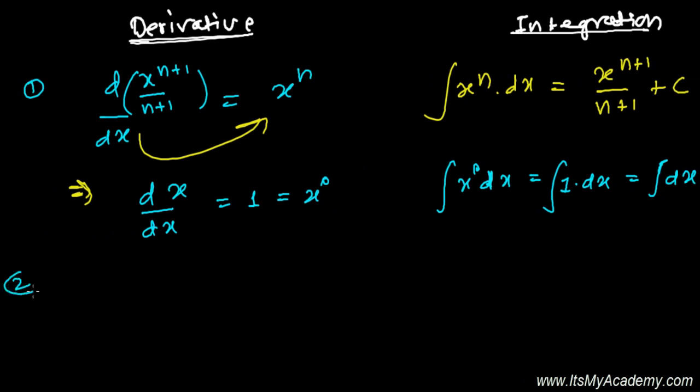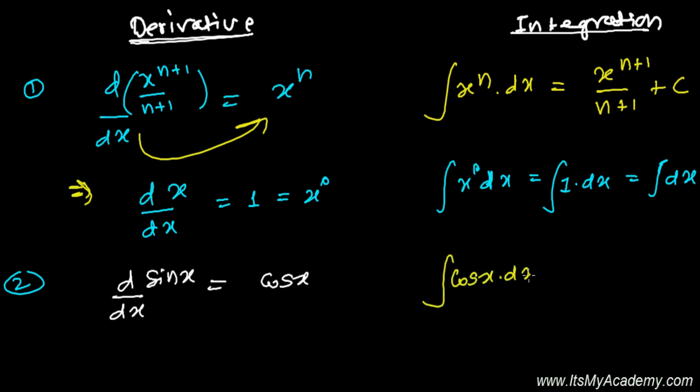And the second one: let's go for some trigonometry. The derivative of sine x with respect to x, where x is your angle, is cosine of x. As I told you, integration is just the opposite, so the integration of cosine of x with respect to x will definitely be sine x plus constant. We always put the constant, I already mentioned that.